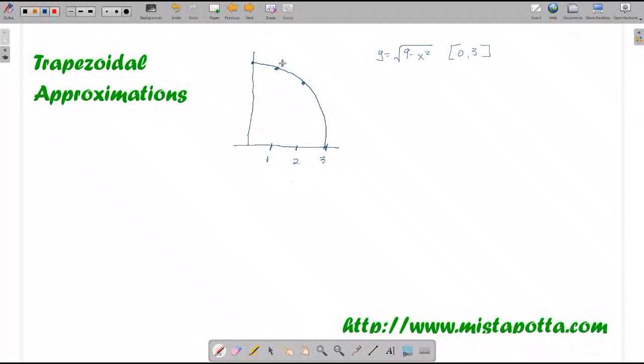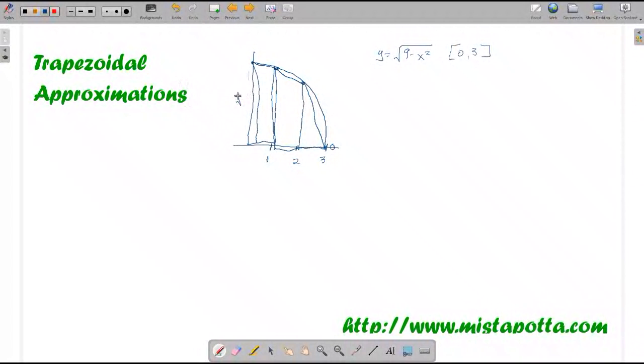So I'm going to have a trapezoid here. That's a horrible line. I'm going to have a trapezoid here. And I'm going to have, let's call it a degenerate trapezoid here, a trapezoid where one of the bases is 0.